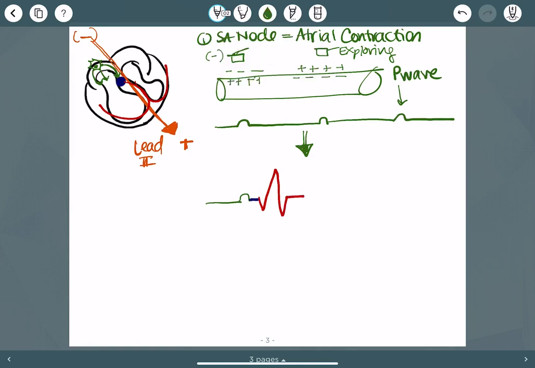So if we first, again, label our P wave, then we can see the delay from the time when we're in the AV node. And then the deviations from the line that occur for the ventricular contraction, we label each of these 3 points. What can get tricky is that you don't always get all 3.